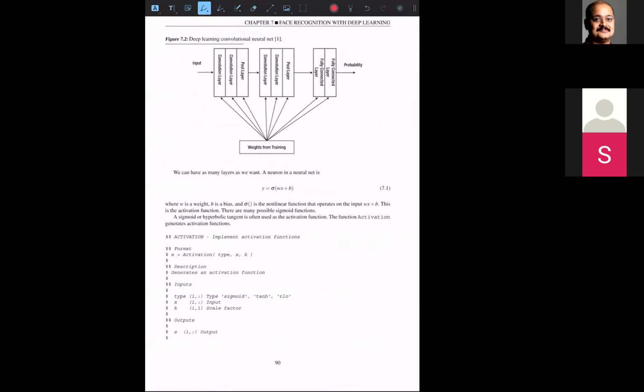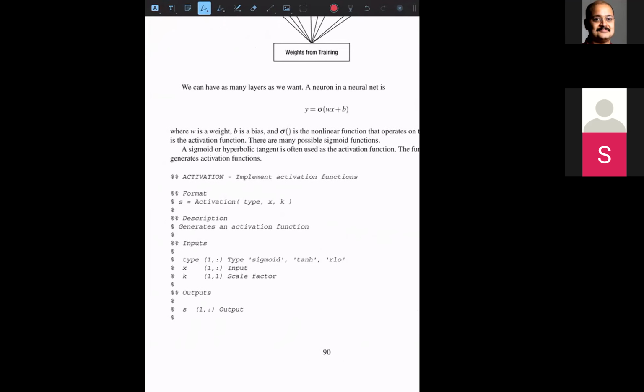Now, this is the first code, which talks about how to implement the activation function inside MATLAB. So just take a look at the code, which is called activation. S is equal to activation(type, X, K), wherein X is going to be your input, K is the scale factor, and you can choose different types of activation functions.